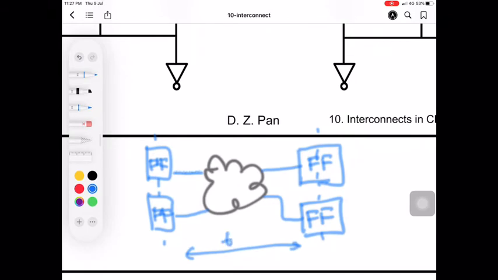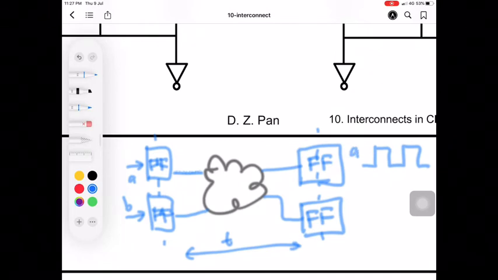But if your clock doesn't arrive at the same time, so let's say this is the clock for flip-flop A, and the clock for flip-flop B is not the same. If it is not the same as when the clock arrives for B, there is a slight delay. This is known as the clock skew.